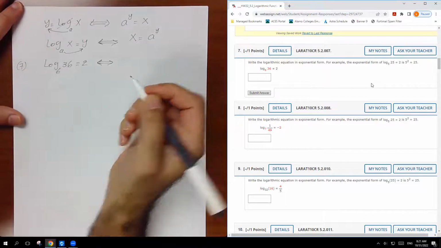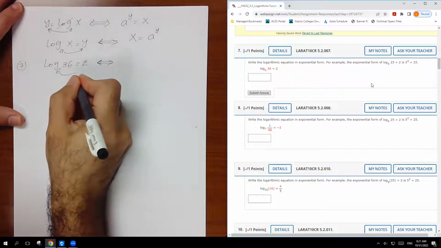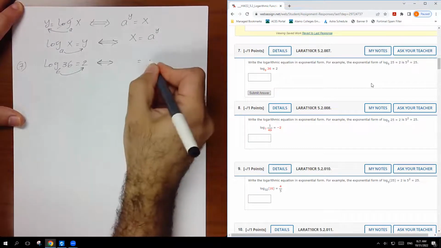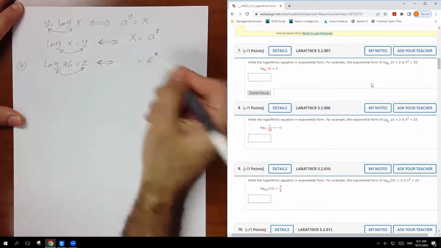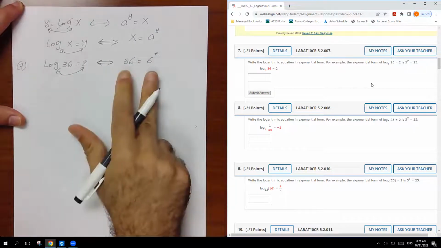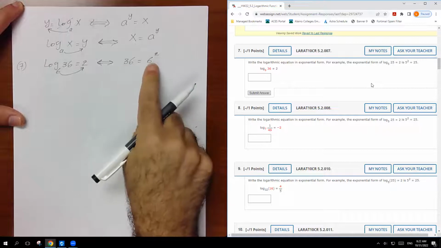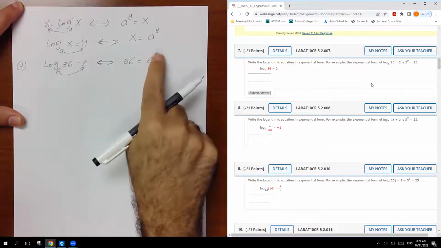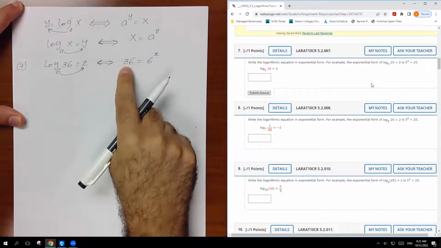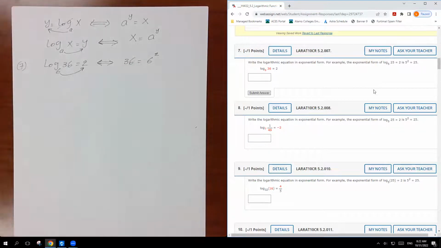So what I'm going to do is move the base from here to be the base on the other side. That means this one is going to be equal 6 squared. What is left on this side is 36. So 36 is the same thing as 6 squared, because 6 times 6 is 36. So that's the solution for this example.